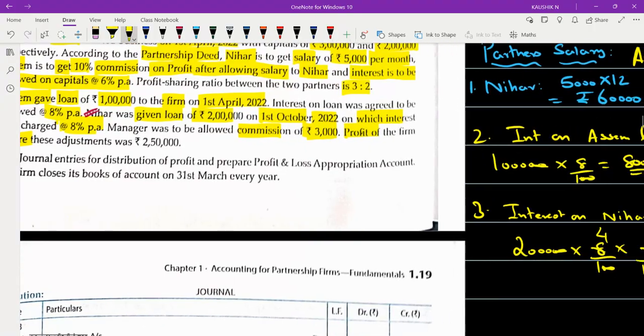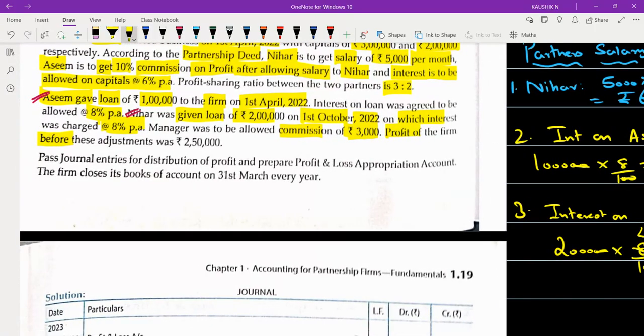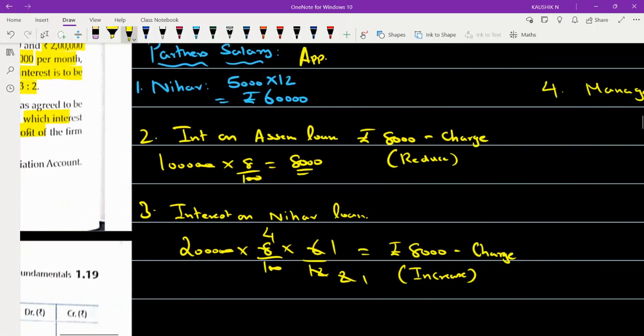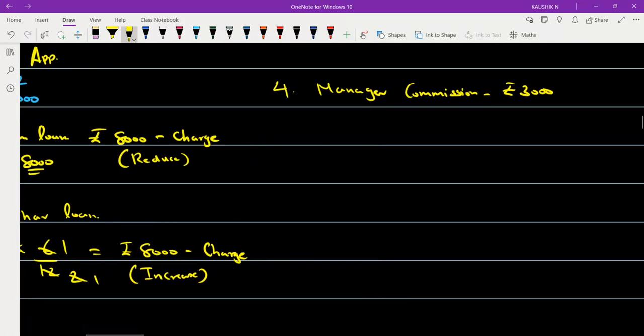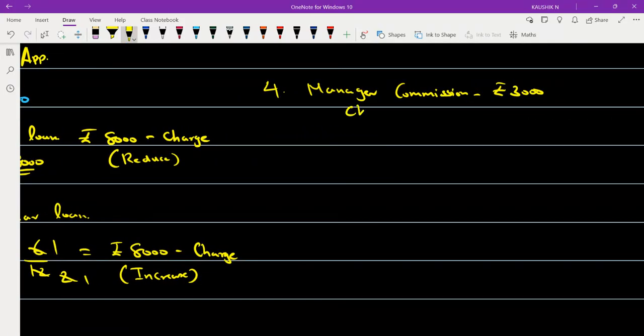Very good. It is a charge because manager is a third party. So it is a charge. Now tell me this 3,000, it will increase your profit or it will reduce your profit? It will reduce your profit. Any doubt up to this? If you have, let me know.